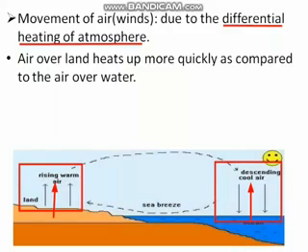So what happens when this air which is present over the land heats up? It moves upwards, or it rises. When it rises upwards, a low pressure is created at this particular place as compared to the air over the water bodies.